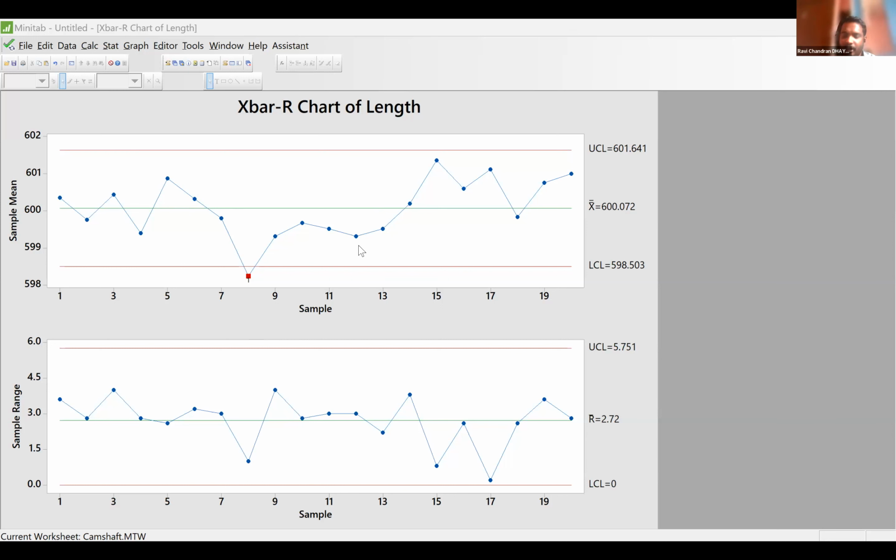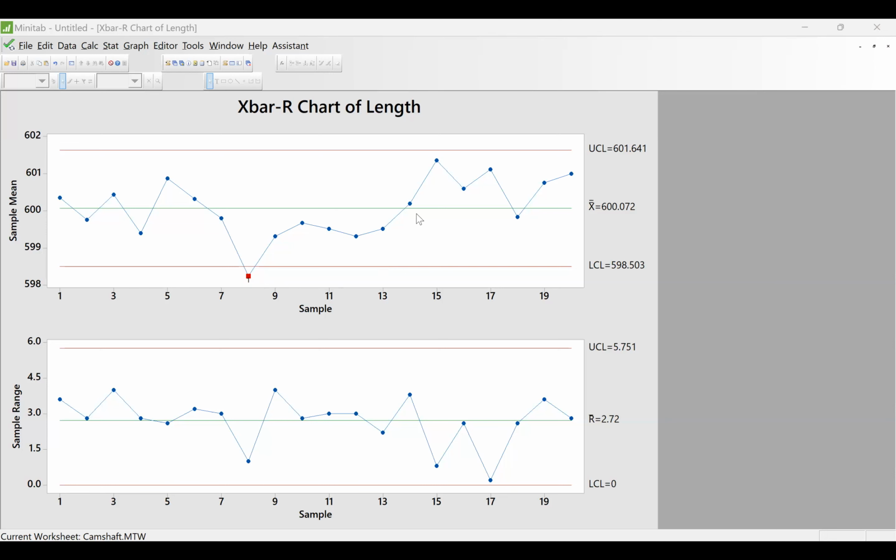When the R chart is out of control, you should not read the X bar chart because the range is used for plotting the control limit in the X bar chart. So the R chart must be under control, and only then can you read the X bar chart. That's one important guideline.